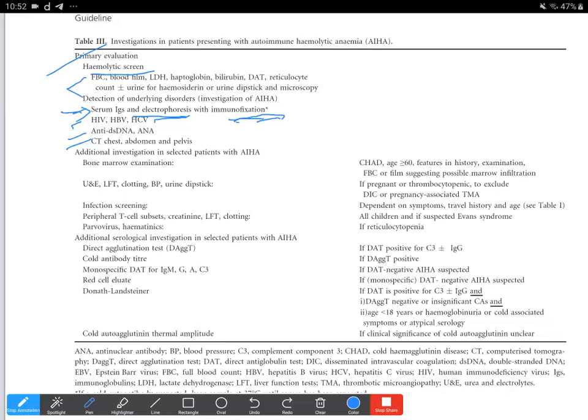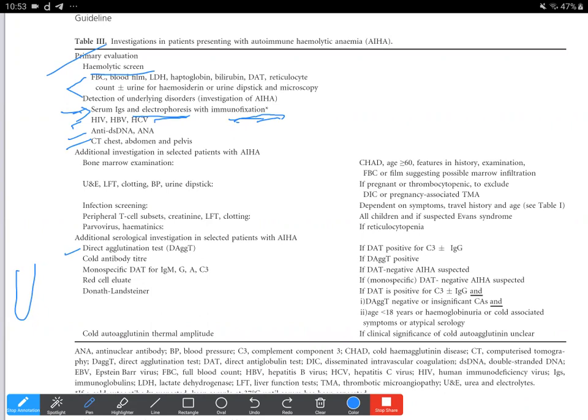And then for the paroxysmal cold hemoglobinuria also, there is some reference to this direct agglutination test that needs to be done. In this direct agglutination test, we have the patient's serum, which is incubated with the normal RBCs.